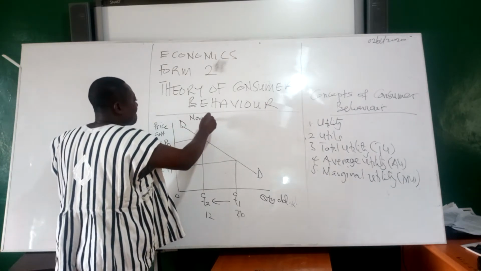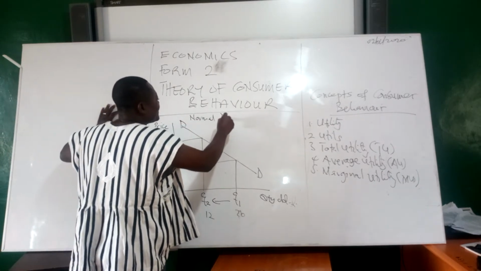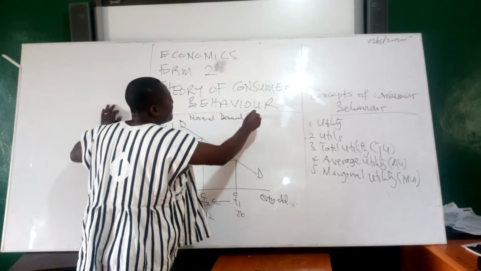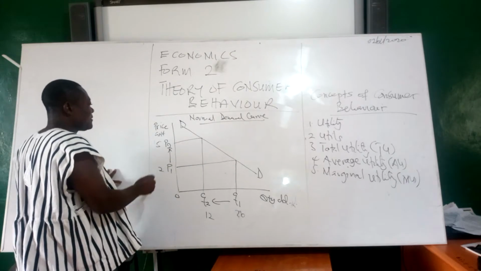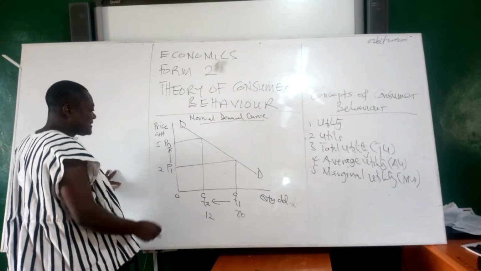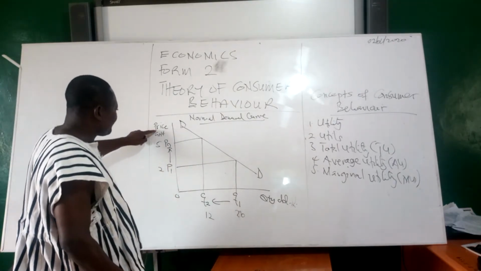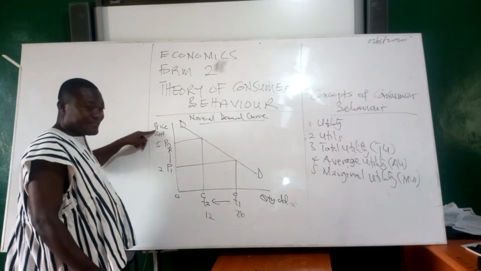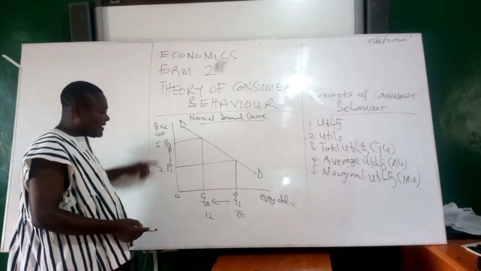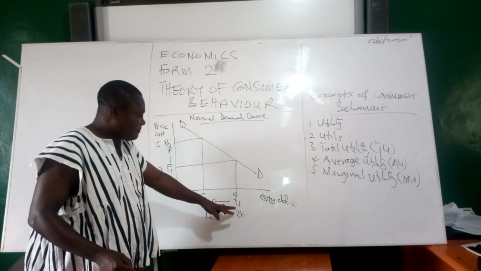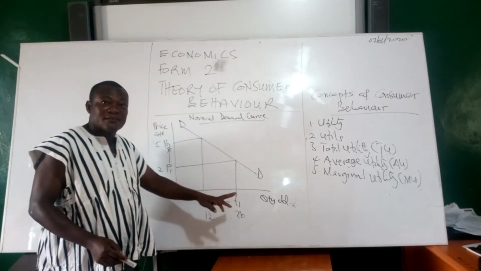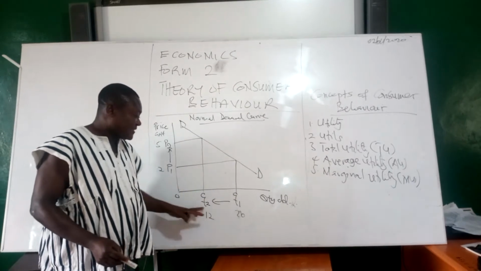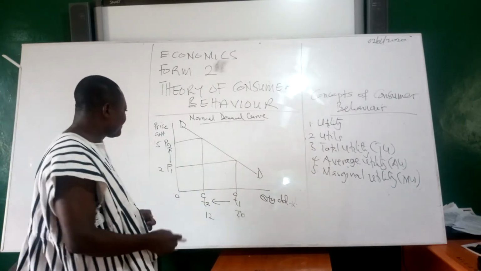Normal demand curve. The vertical axis considers the various prices for the commodity, and the horizontal axis picks up the various quantities for the commodity.